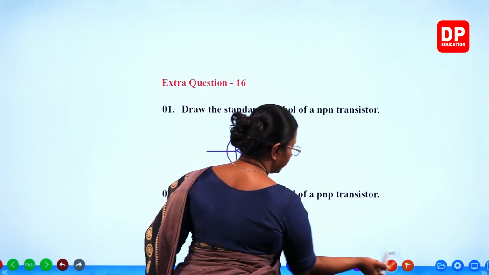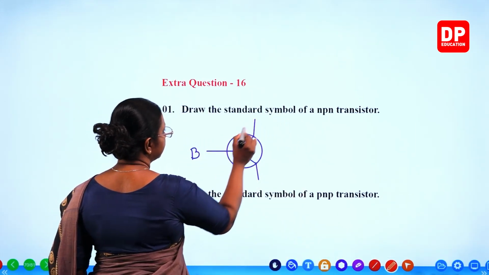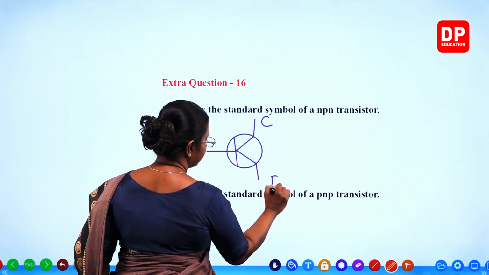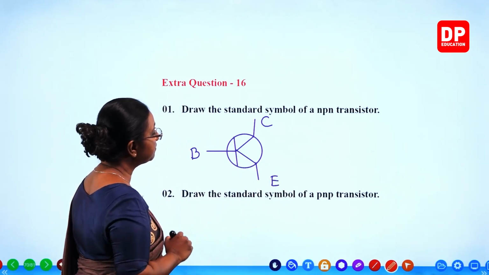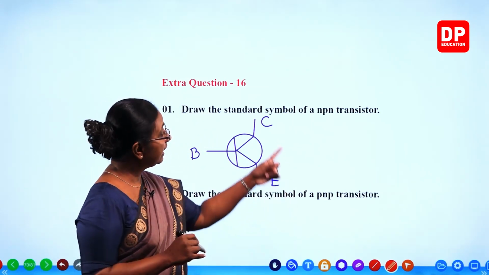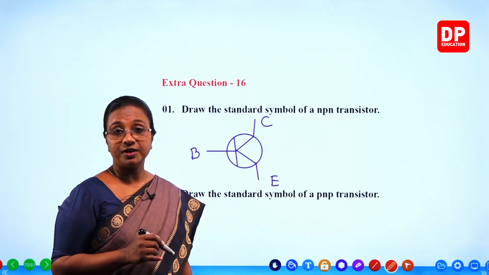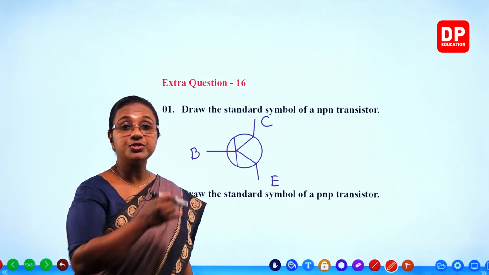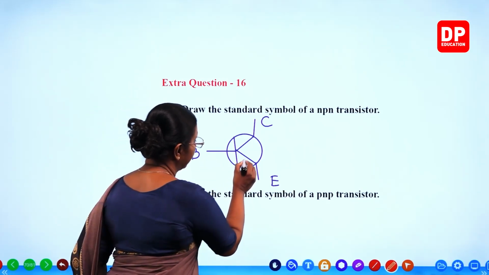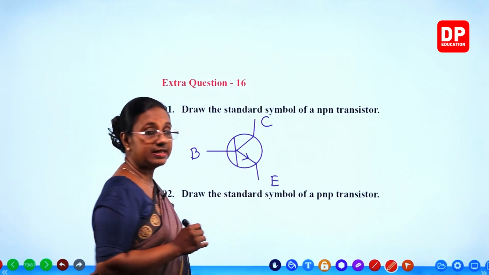Now here you all know this is base, collector, emitter. So at the emitter we have to show the arrowhead. In an NPN transistor, what is the direction of the current flow? Current flows outwards from the base, from here. Why is that?